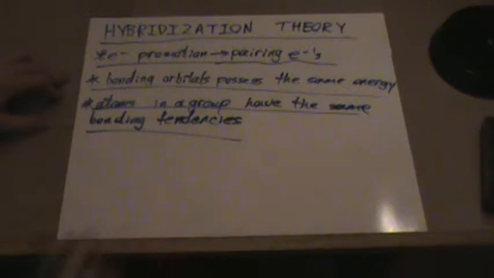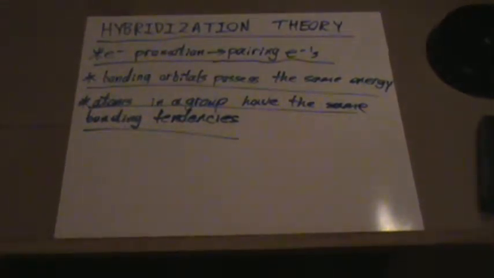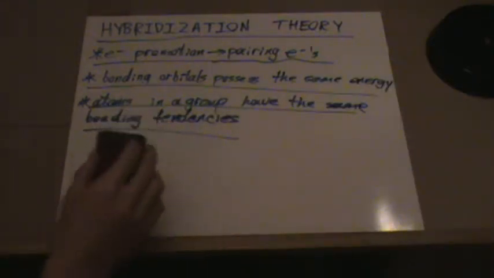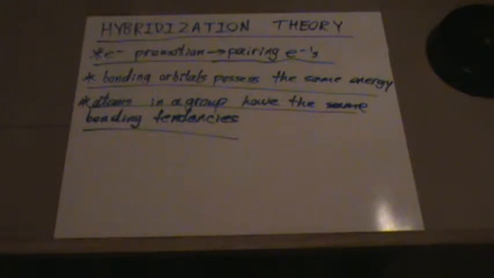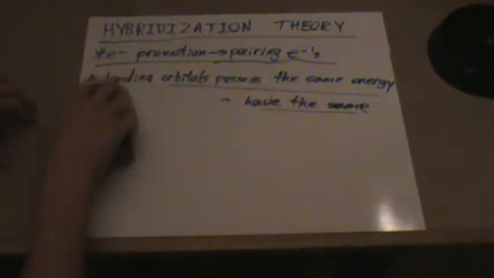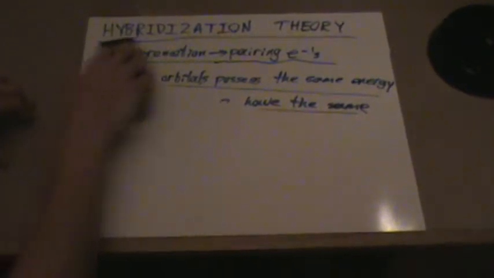Alright, and so now those are the three big rules that we learned in the last video. And now what we will be doing in this video is learning more about the specifics of how molecular orbitals are created beyond just simply the electron promotion.